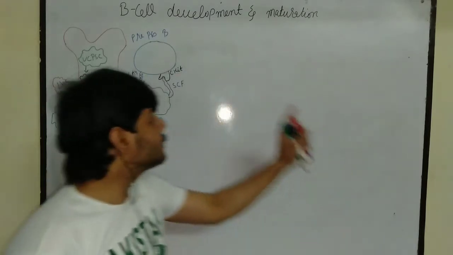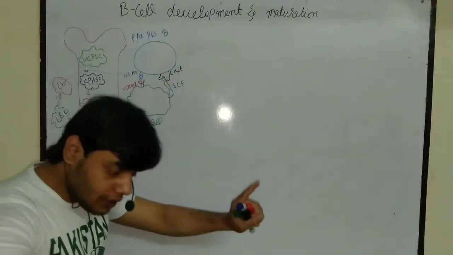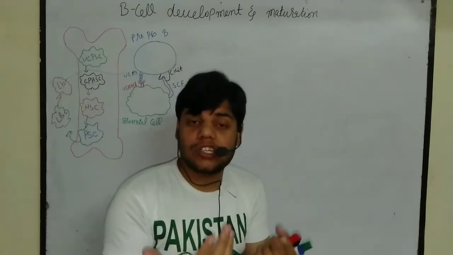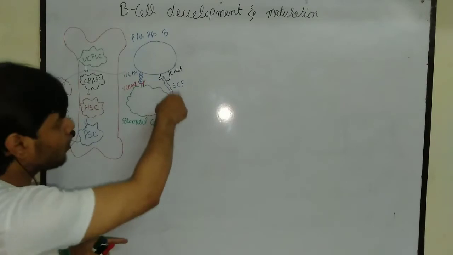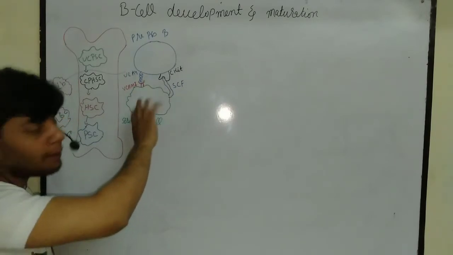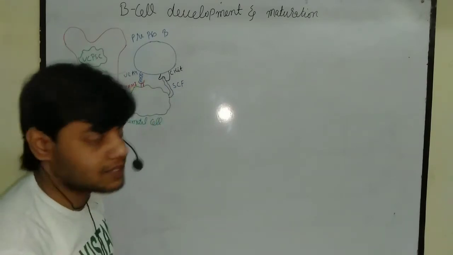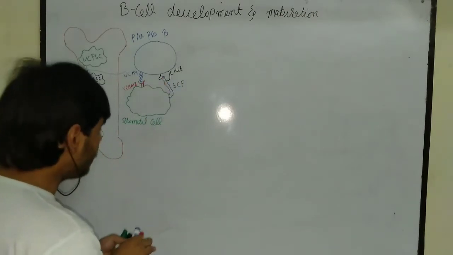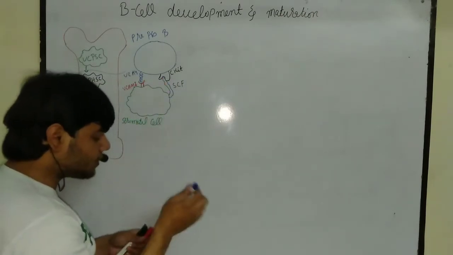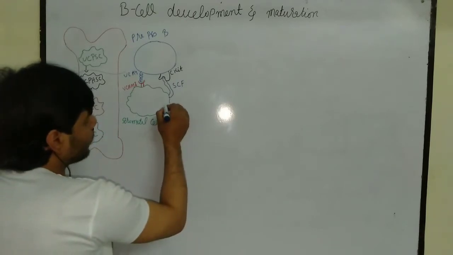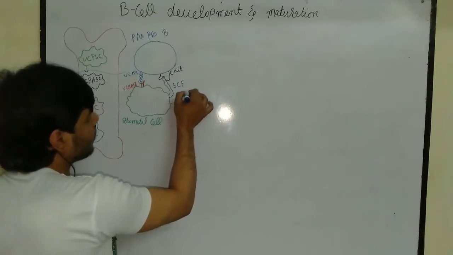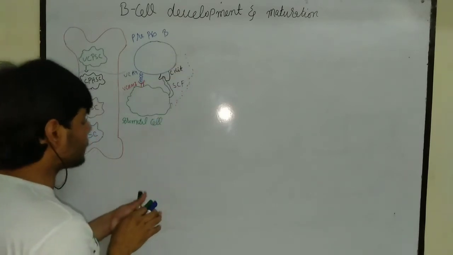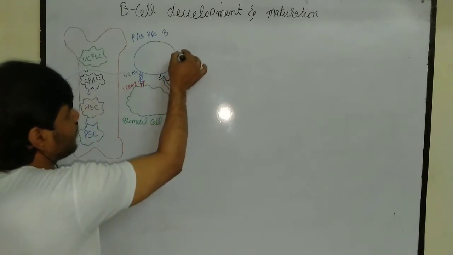These genes are modified and changed by recombination, by this recognition of the cell. Once this recognition is done, what happens? This stromal cell will secrete some kind of cytokine that binds to the receptor of the B cell.